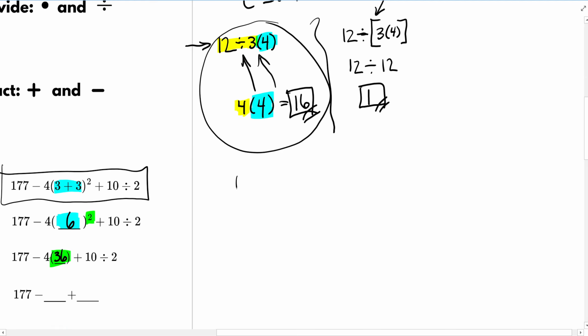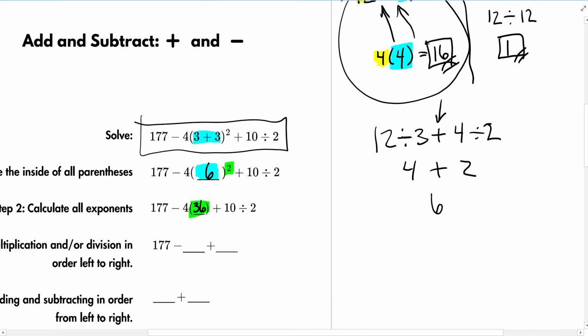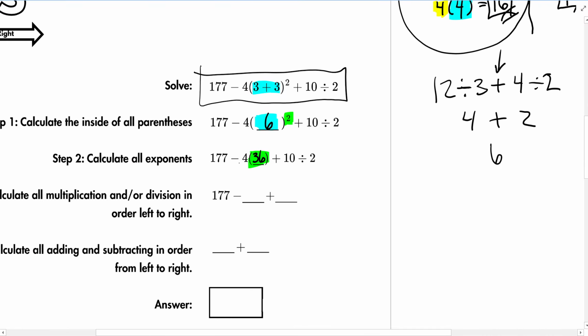But if I had 12 divided by 3 plus 4 divided by 2, because of this plus sign, and I know that's going to be last, I can do these divisions in the same step. 12 divided by 3 would be 4, and 4 divided by 2 would be 2, with a plus sign, and then 4 plus 2 would be 6. This is like what we have here. So 4 times 36 would be 144. And then 10 divided by 2 would be 5.